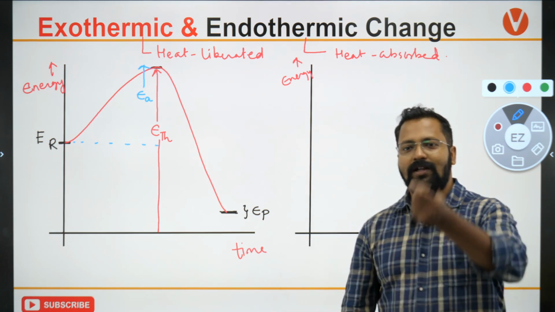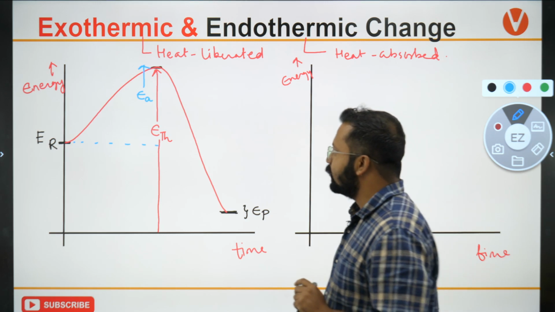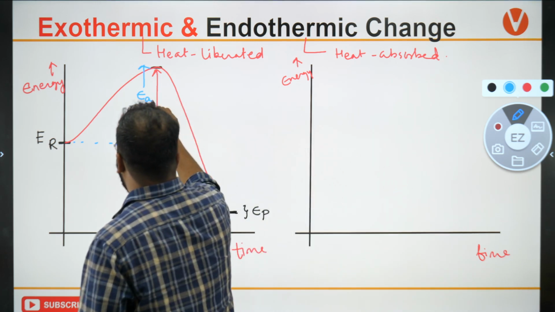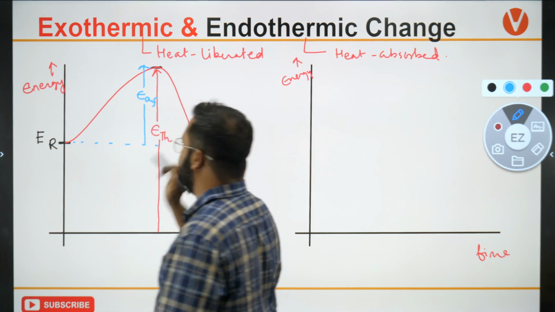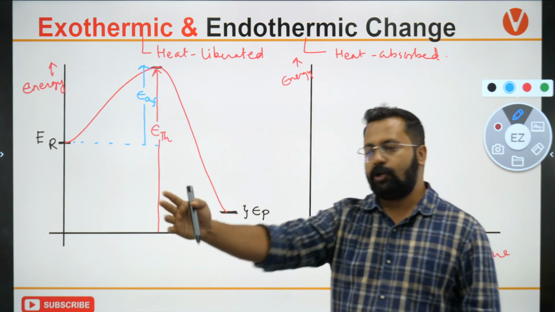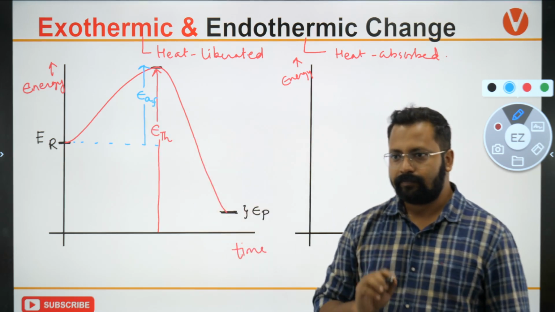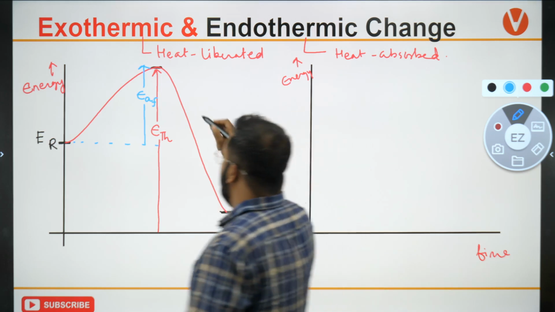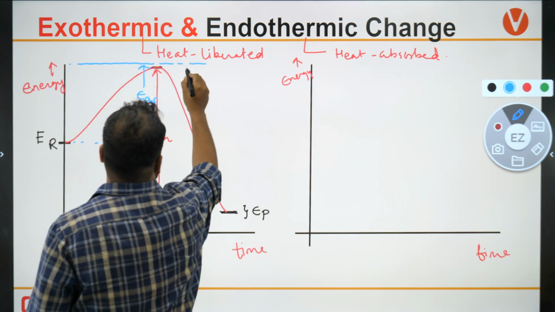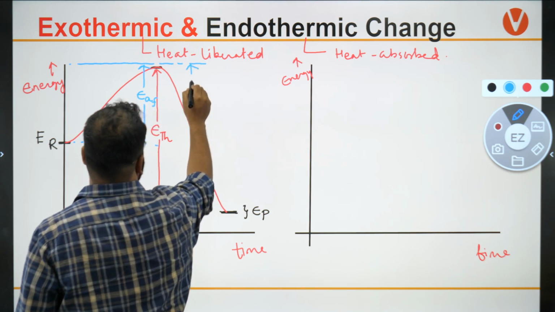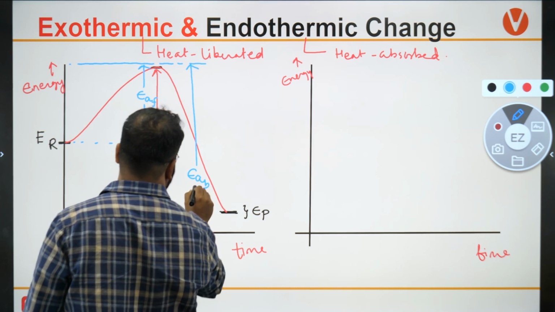The extra energy that the reactant requires is activation energy, not the threshold energy. Okay, now this is activation energy in the forward direction. When reactant is converting into product, this is activation energy in the forward direction. Okay, and this would be activation energy in the backward direction.